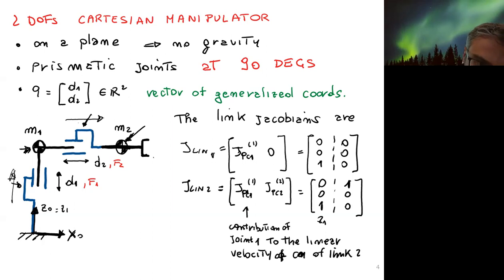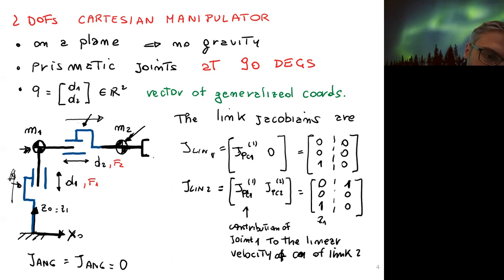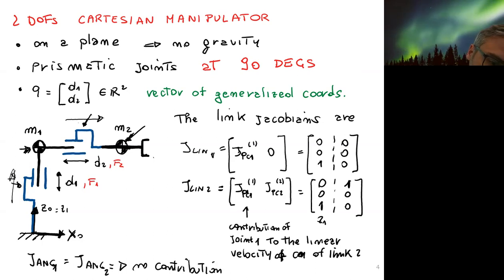And what about the J_ang, the angular Jacobian related to the omega? There is no rotational motion, so both Jacobians are zero, a zero column for the two links. And we don't consider them in our computation of the inertia matrix.